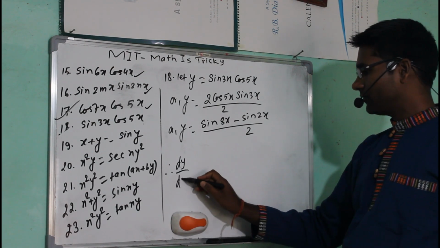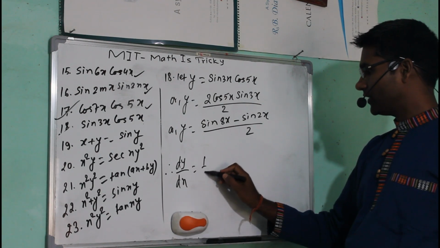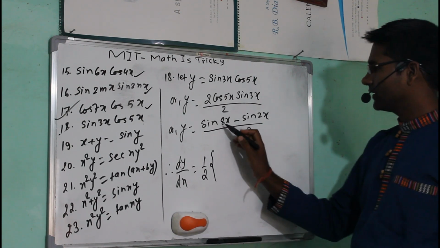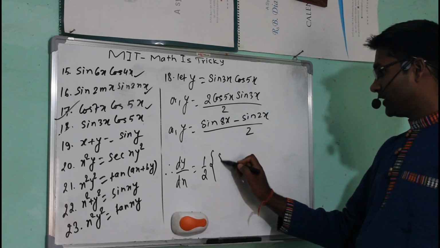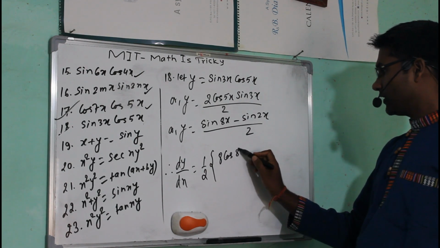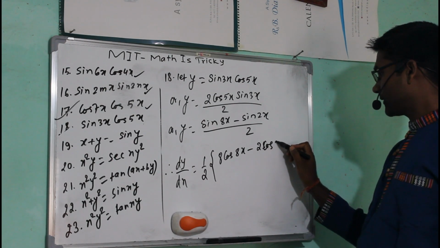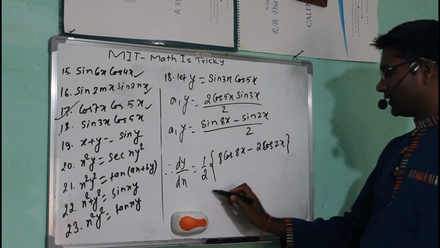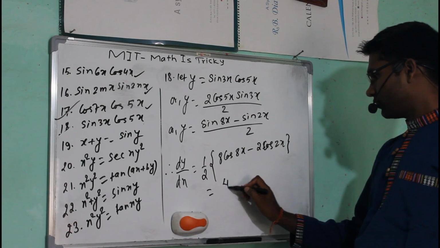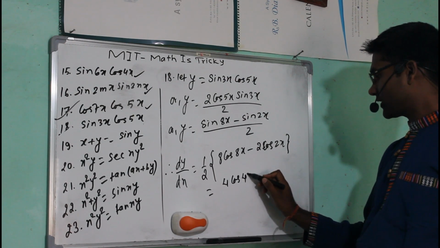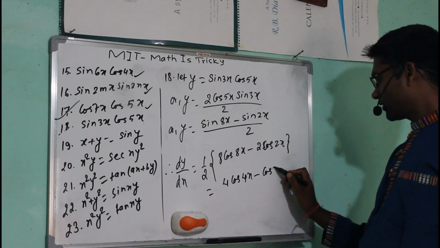So dy by dx equals simply 1 by 2 times the derivative of sine x, which is cos x: 8 cos 8x minus 2 cos 2x, which equals 4 cos 8x minus cos 2x.